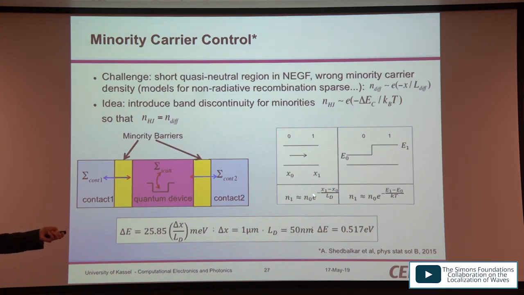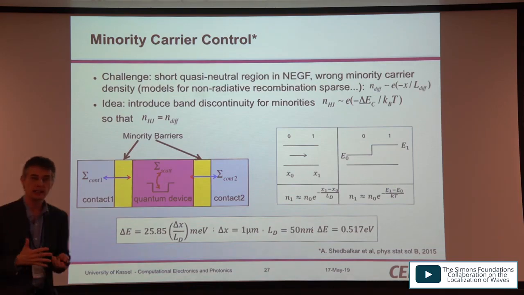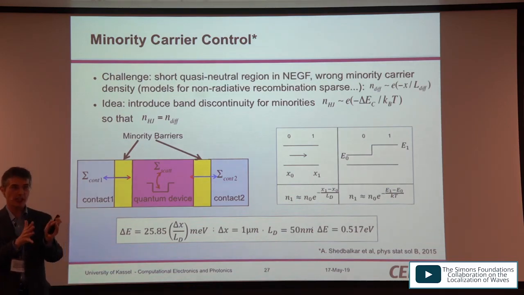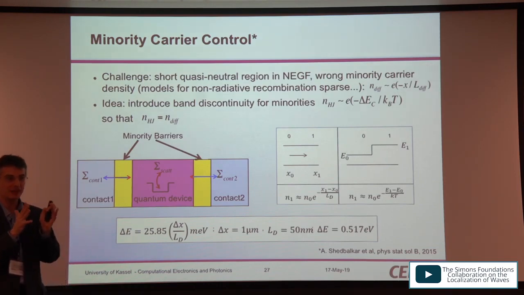That way you can introduce a minority diffusion length here and translate this diffusion length into an energy barrier. That's what we did in order to decouple these two from each other, and get a realistic minority carrier diffusion length.